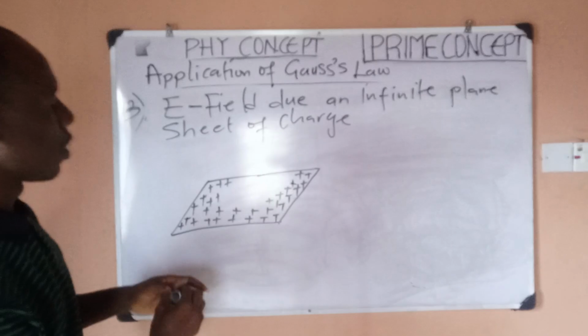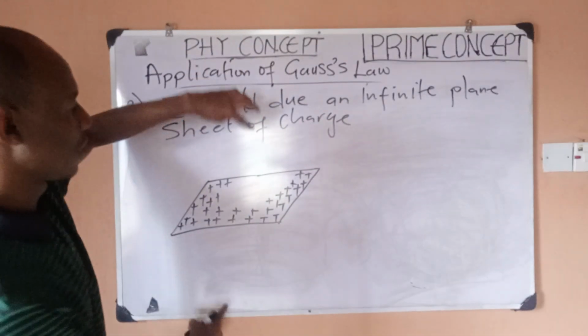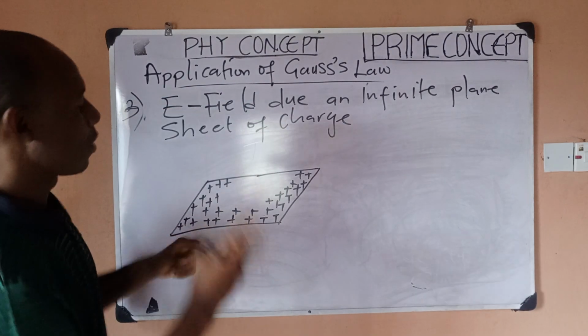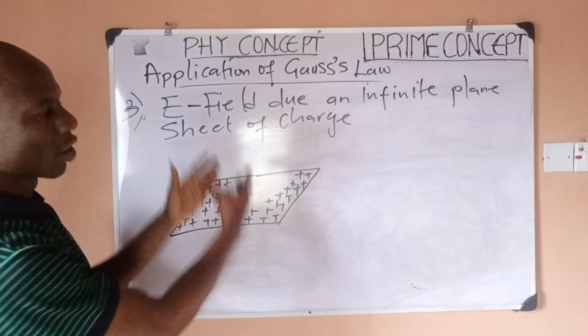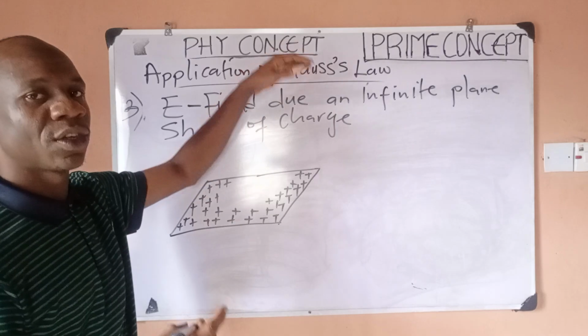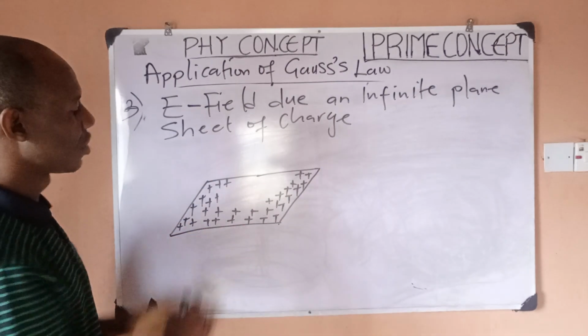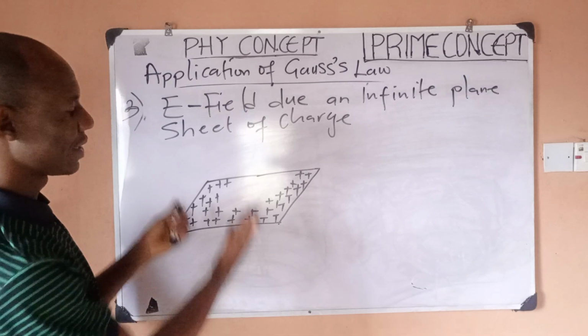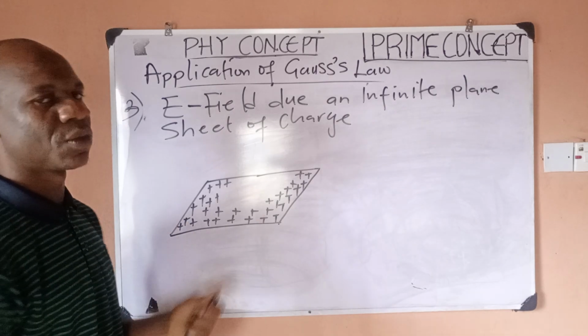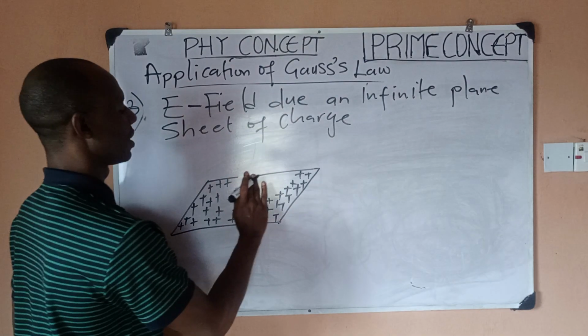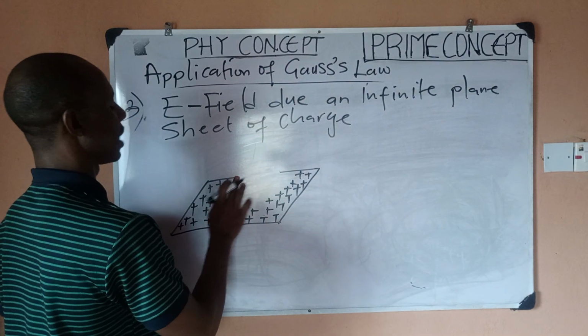Now, if we want to find the electric field at some point, maybe above or below, because the electric field would emanate. According to Gauss law, you would always need to enclose that charge with a surface. It's still going to be a cylindrical surface, so I'm going to enclose this with a cylindrical surface. So I'm going to draw like this.